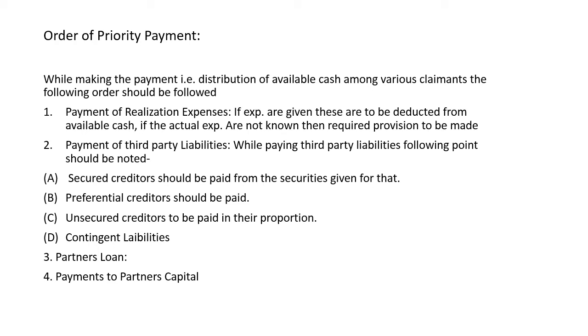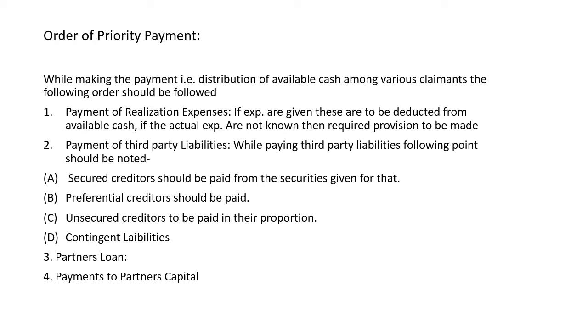Then second priority is to make the third party liability payment. While paying the third party liabilities, some points are also to be noted. The first payment is to be made to secured creditors from the securities which are given for them. Secured creditor means those creditors to whom some asset is given as security by the organization.